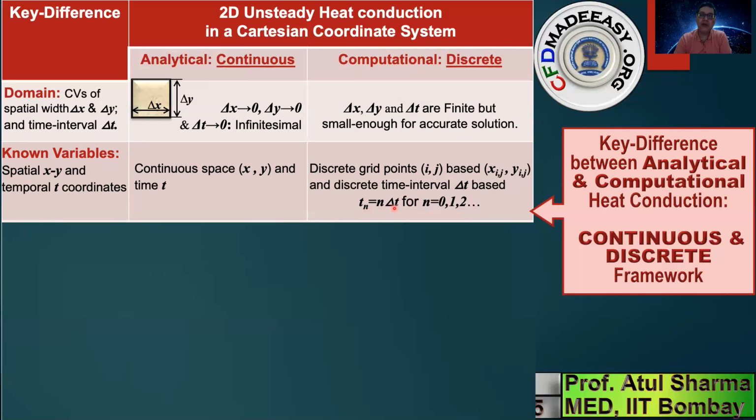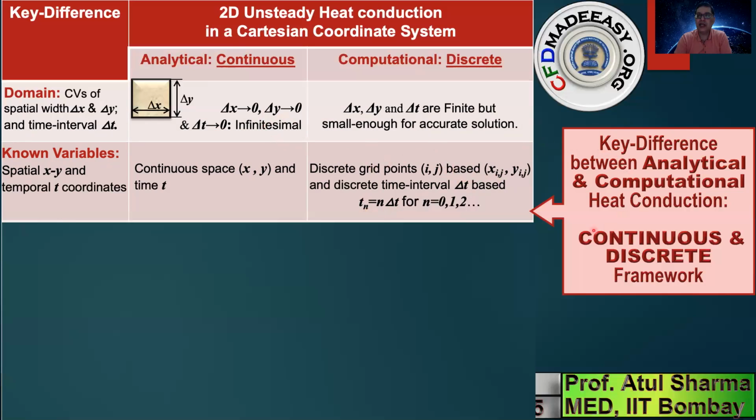So your time progresses in a discrete way: 0, delta t, 2 delta t, 3 delta t, and so on. These are your discrete times, and the grid points are also discrete in space.